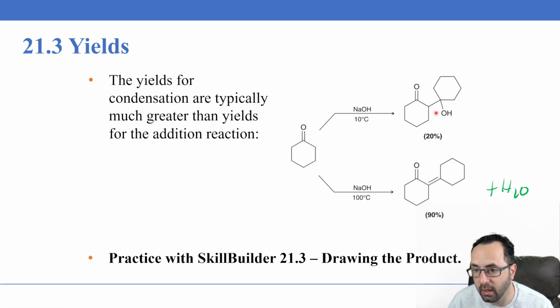So these are not very entropically favored. That's why you can see they do better at low temperatures. We have 10 degrees Celsius here. These are going to be more entropically favored, producing for us two molecules from the two. And so these will occur, assuming we can overcome kinetic barriers at higher temperatures, we'll get a good yield of the condensation product.